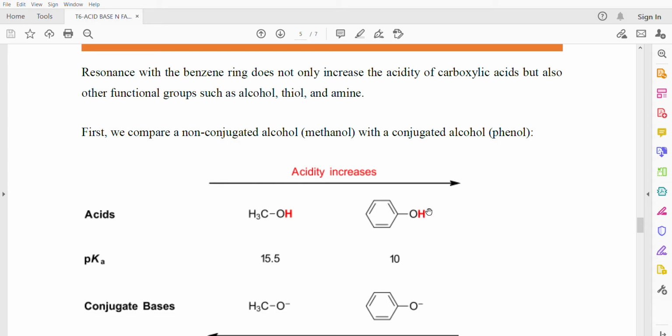After removal of the proton, the negative charge is on oxygen in both cases. Methyl has an electron donating effect. This methoxide is not as stable as phenoxide. Methyl is electron donating, and oxygen is already negative after the removal of the proton, so methyl is destabilizing methoxide.